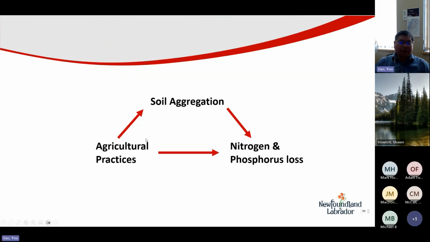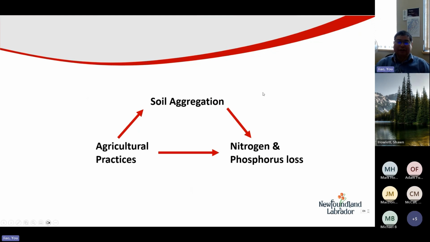In agricultural practice, we can talk about rotation, fertilization or putting on manure and compost, and also tillage. All these different agricultural practices will affect soil aggregation. When you till the soil, you could break part of the chunks.